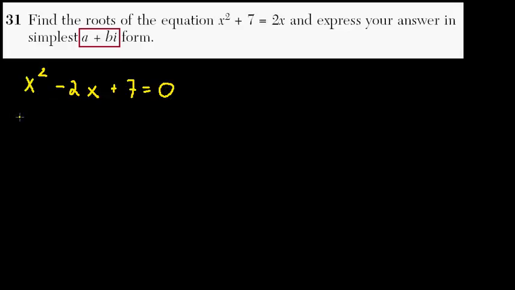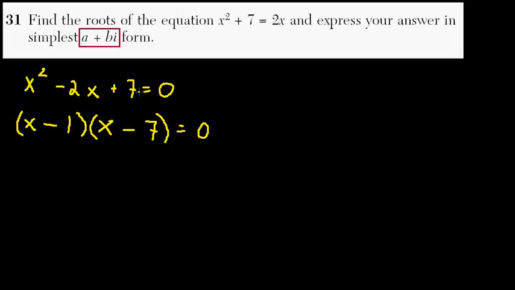Okay, and just to show you that you can't factor this into anything nice, the only numbers that multiply to get 7 are 7 and 1, right? And we have x squared, so I know I need an x here, and I know I need an x here. We have a positive 7, so it could be negative and negative, right?